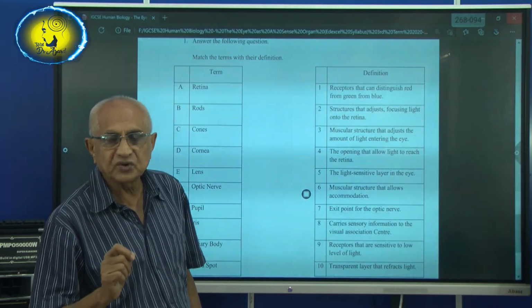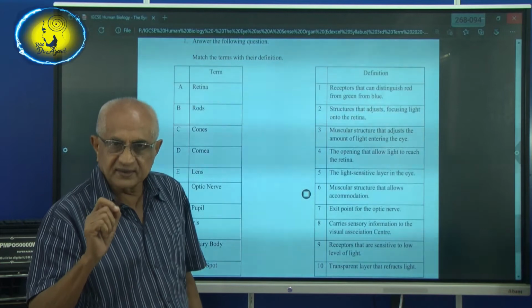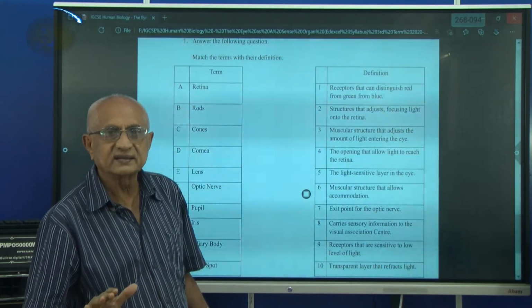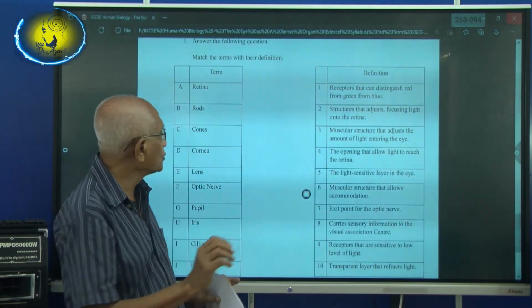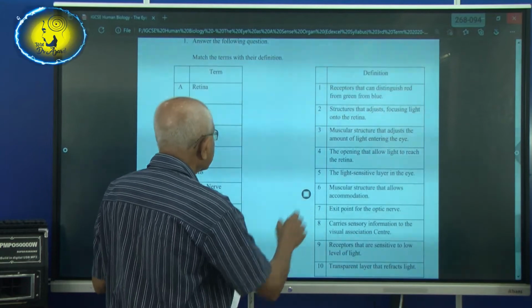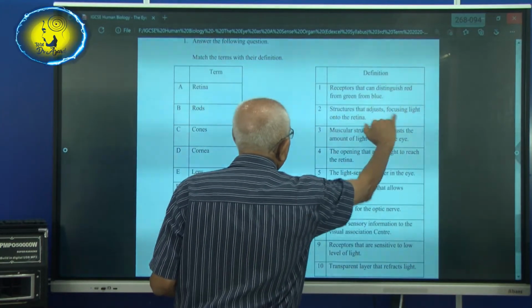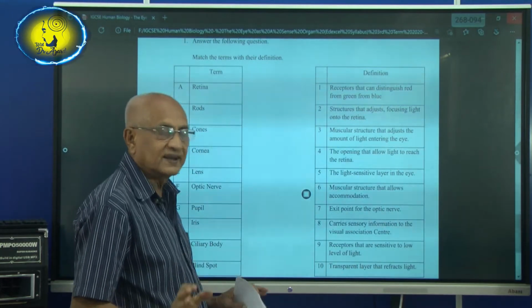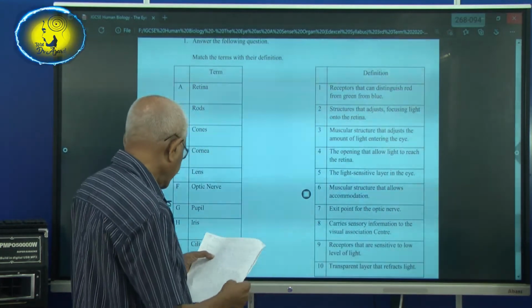Now, how is it focusing? The cornea allows light to enter, and the lens refracts light and focuses it onto the retina. So you can see the lens matches item 2, structures that adjust focusing of light onto the retina.